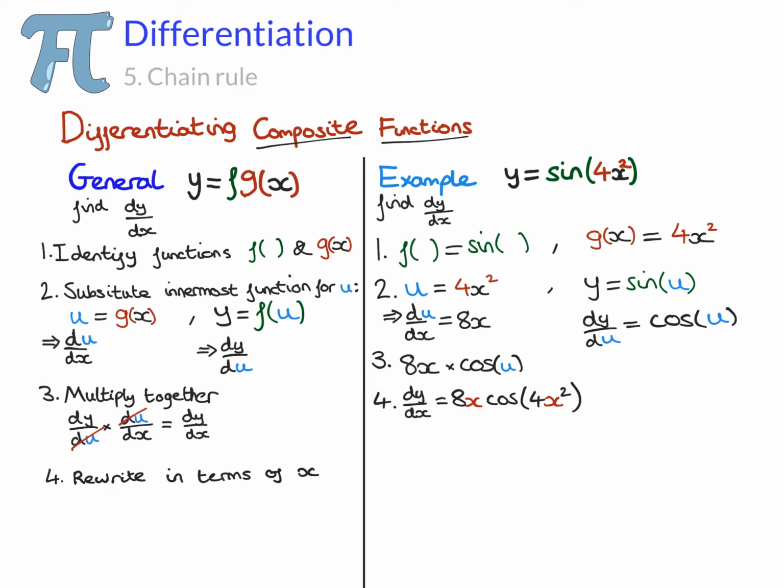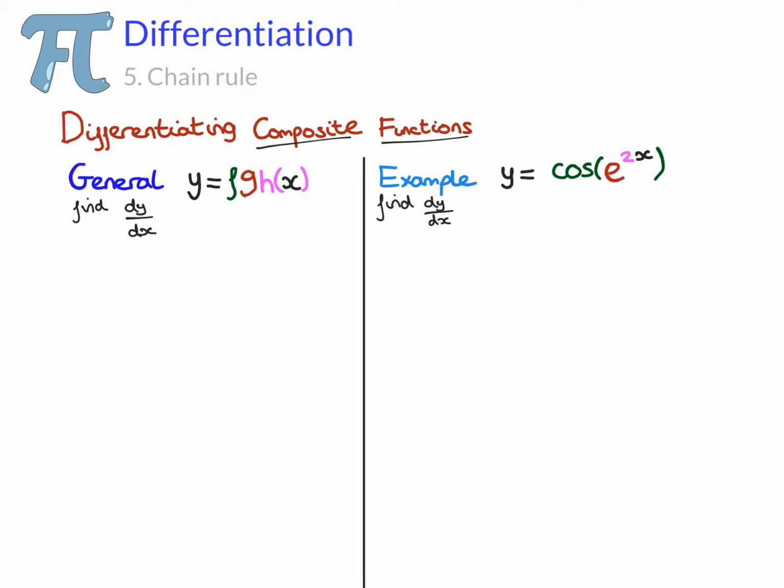This can easily be extended to higher level composite functions, such as y is equal to f(g(h(x))). For our example this time, we will use y is equal to the cos of e to the power of 2x, and we want to find dy/dx.